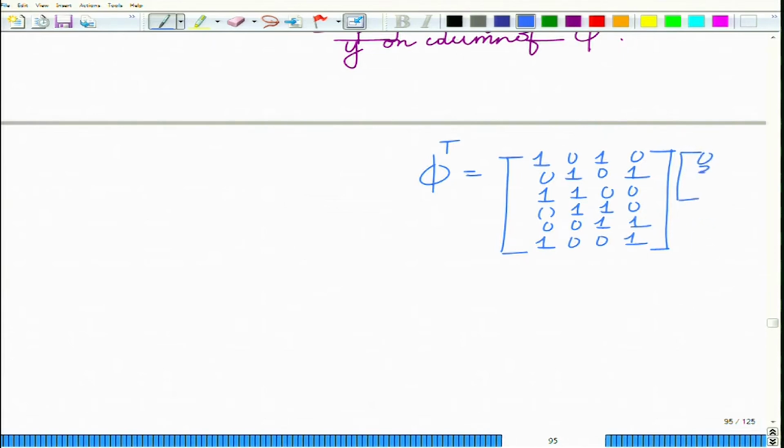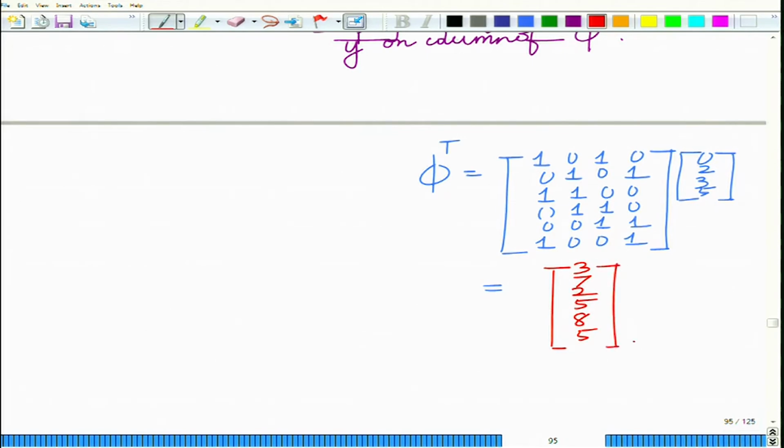So, that is 0 2 3 5, and if you evaluate this, you will get the vector 3 7 2 5 8 5.